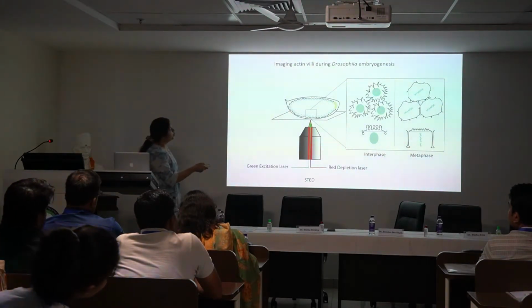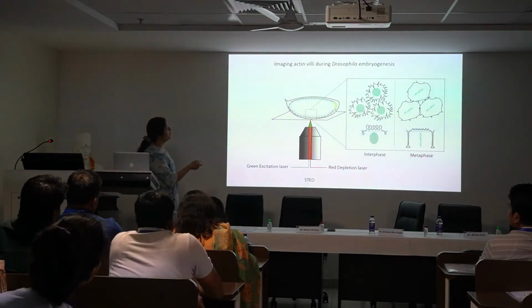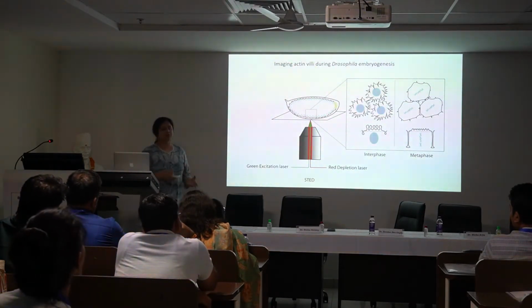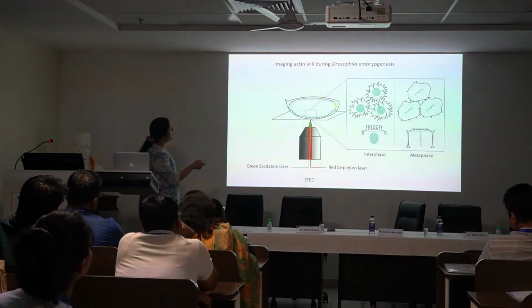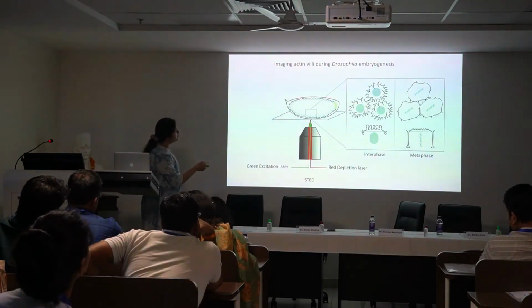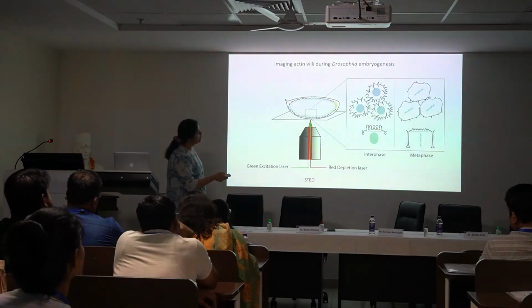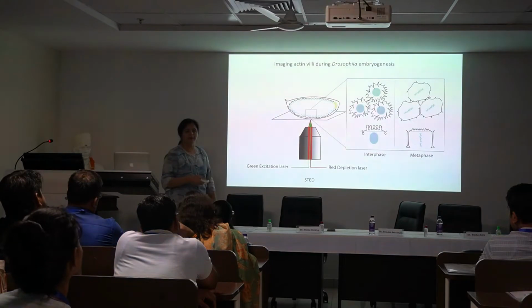What you're looking at here is a point at which there are multiple nuclei present at the periphery. The embryo is syncytial, which means that multiple nuclei are present in a common cytoplasm. If we look at each of these individually, we can see that around each nucleus there are convolutions of the plasma membrane above.